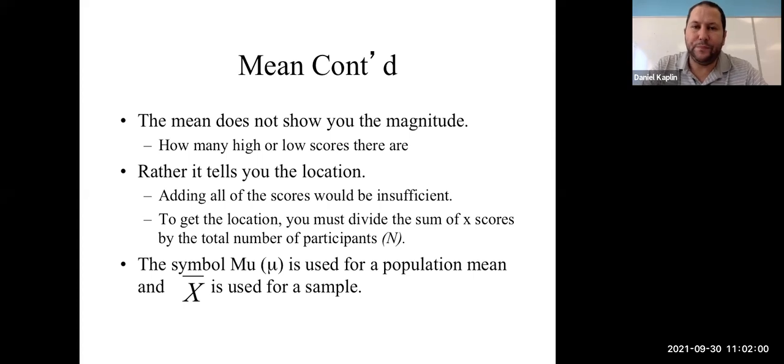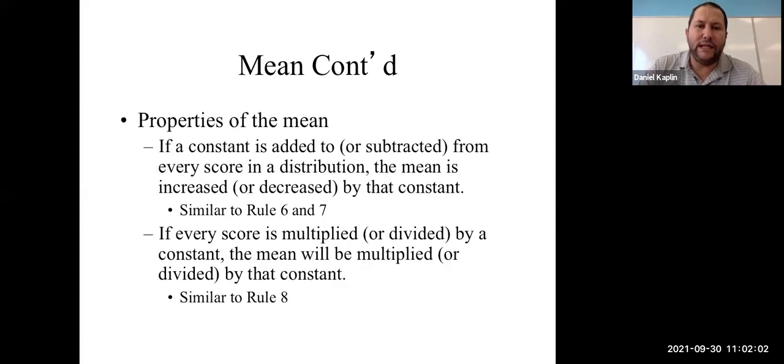So, in general, going back to an earlier lesson about the basic rules, I said there are 8 rules that we could extrapolate from PEMDAS. So go to the first lecture if you're interested in my introduction to statistics. But here's the application of the rules to the mean.